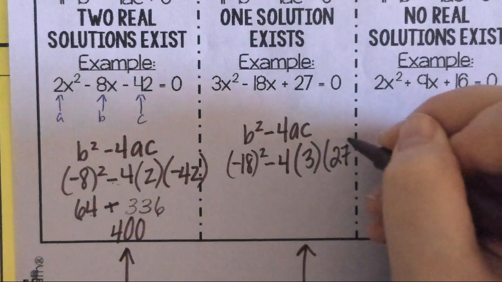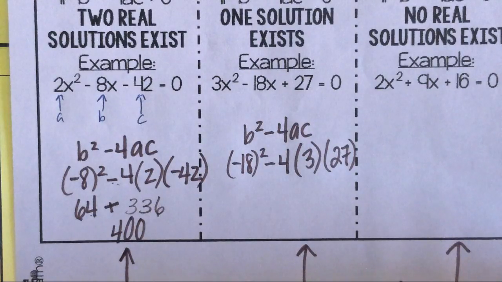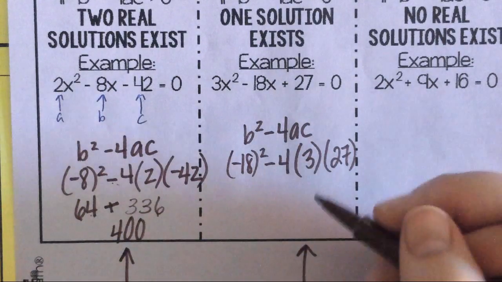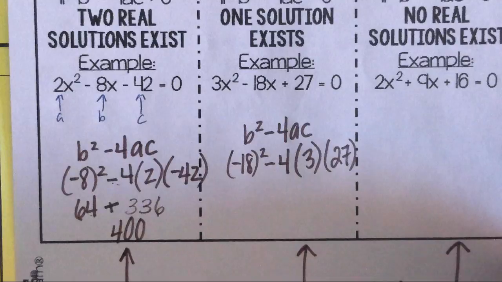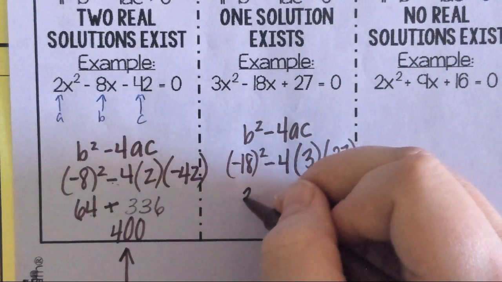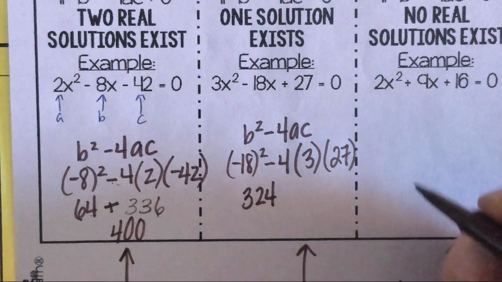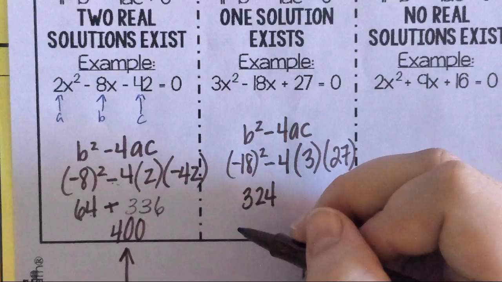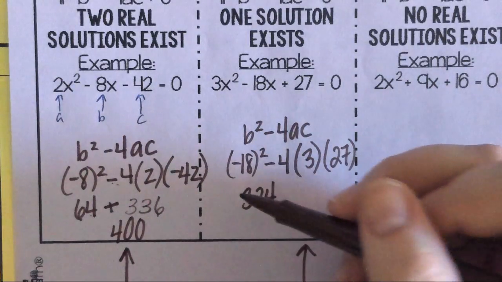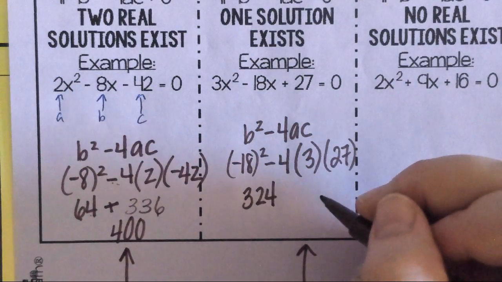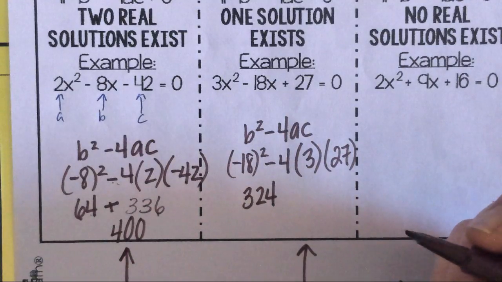Okay, so I need to know -18 squared. Is it -324? She said -324. Is that correct? No, because a -18 times a -18 is going to be a positive 324. But otherwise, she's there. That tiny sign error is going to mess us all up.